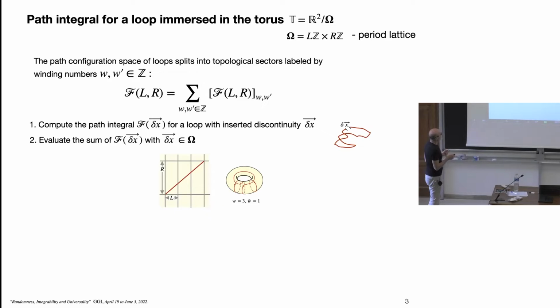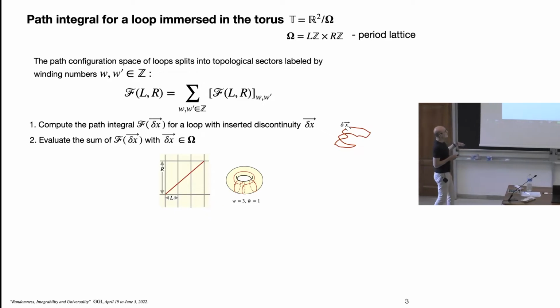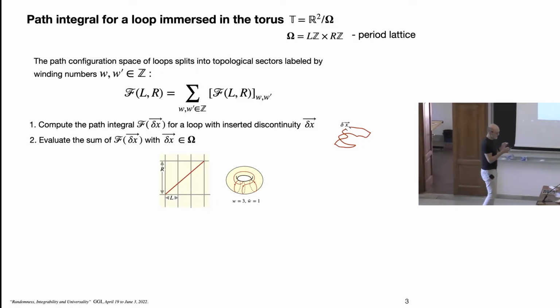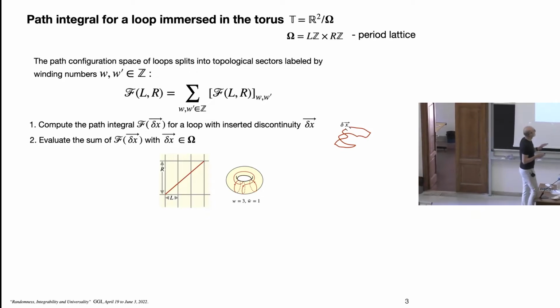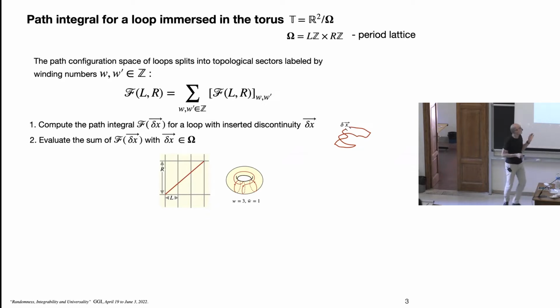The sum over the loops in one topological sector can be computed by taking the path integral over the loops and introducing a discontinuity at some point. This discontinuity should be proportional to the frustration along the two cycles.